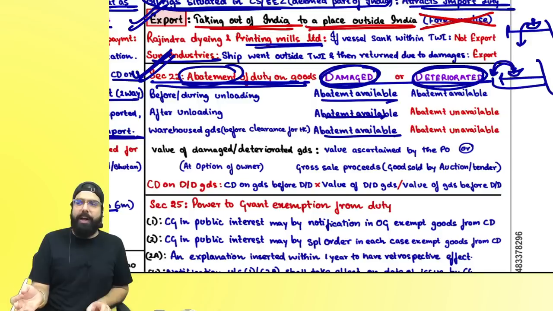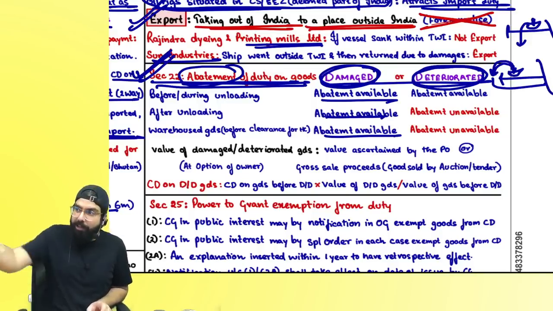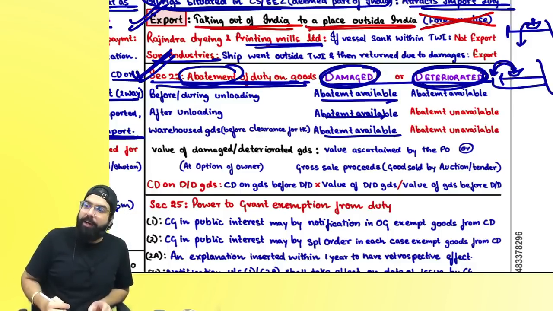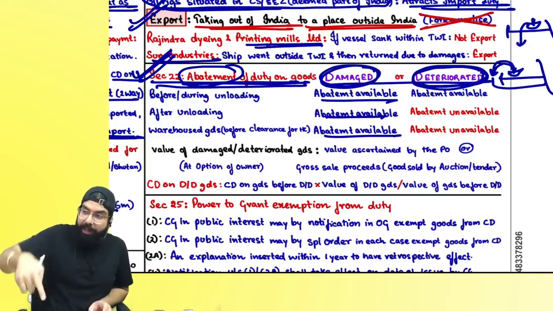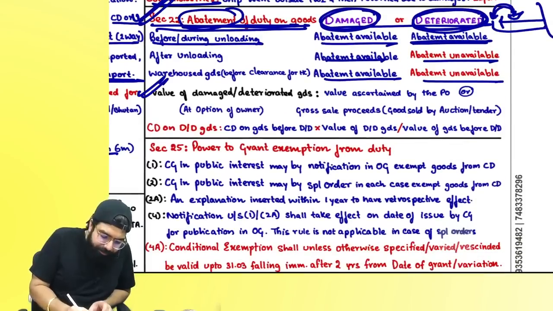Mangoes came into India, it is your mistake if you did not clear them at the port or from the warehouse, and hence deterioration means fall in the quality, and because of fall in the quality we will give you abatement only if it happened before or during unloading. Before or during unloading, abatement shall be available. After that, abatement will not be available.